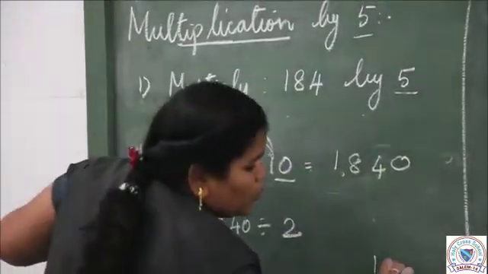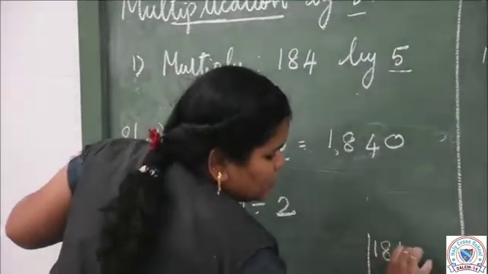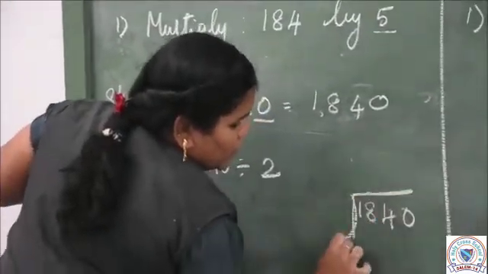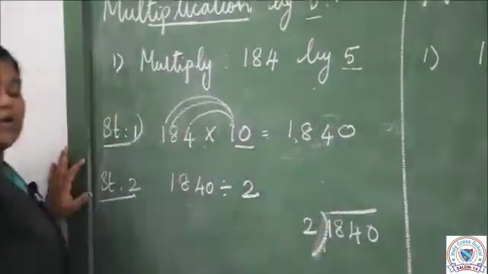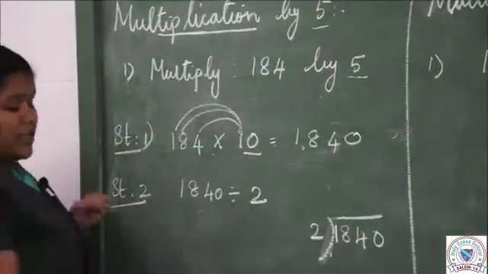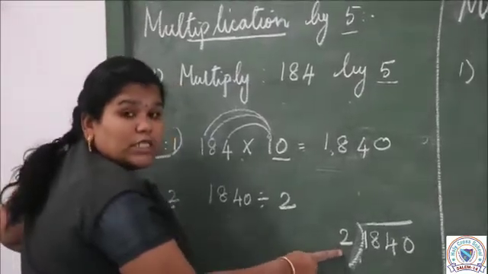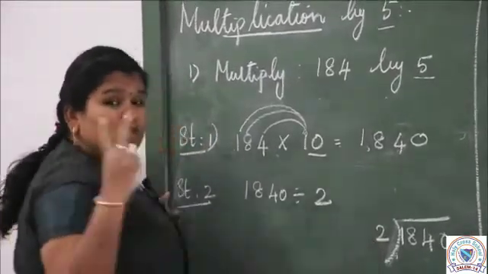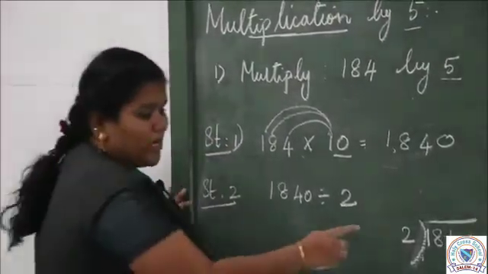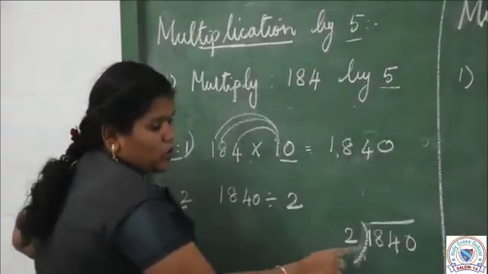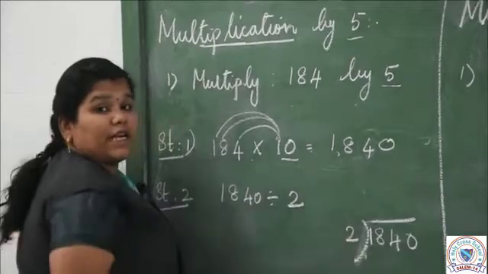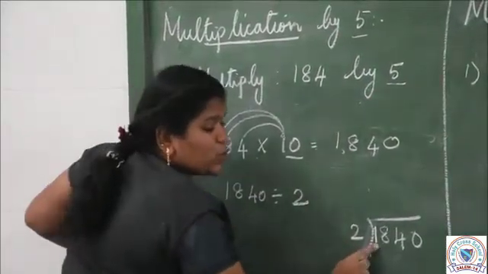Divide it: 1840 divided by 2. Now, how to divide here? What table are you going to use? Here we are going to use the 2 table. How many numbers do you have in the place of divisor? You have 1 number. So take the first digit inside. The first digit is 1.